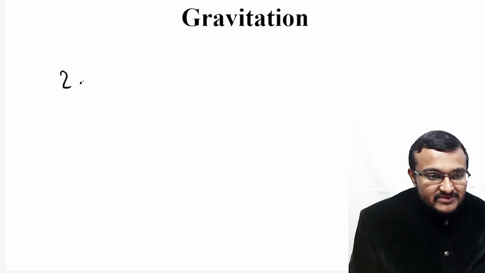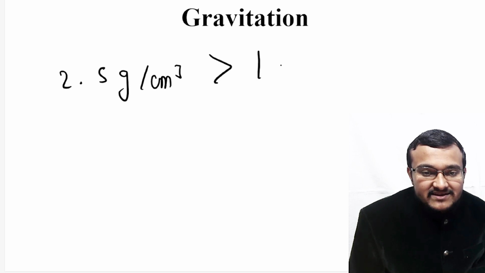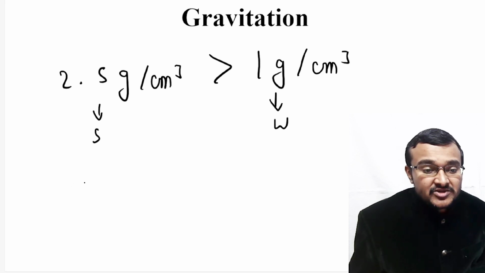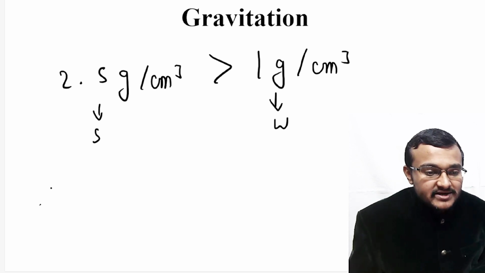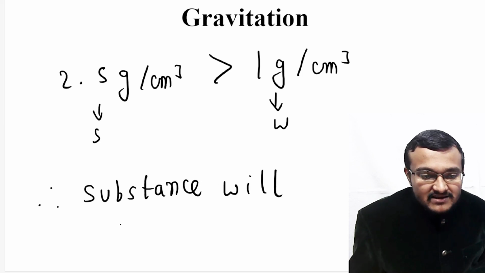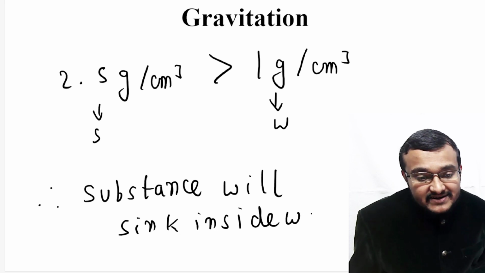So that means 2.5 gram per centimeter cube is greater than 1 gram per centimeter cube. This is the density of water and this is the density of the substance which is put inside this water. So the substance has more density than water, therefore the substance will sink inside the water because of higher density.